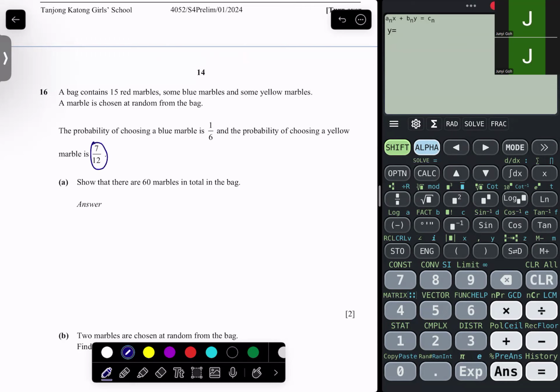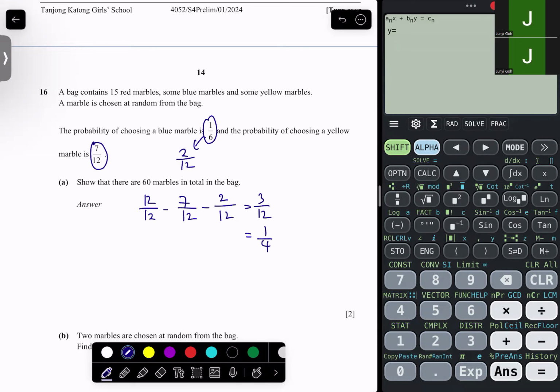Okay, so 7 out of 12, 1 out of 6. That will make this 1 out of 6 actually worth 2 out of 12. Now, the probability of choosing a marble must be a 100% event, that is 12 out of 12. So we can conclude that 12 out of 12 minus 7 out of 12, which is the yellow, minus the probability of blue, 2 out of 12, must equal 3 out of 12. 3 out of 12 also reduces to a quarter.